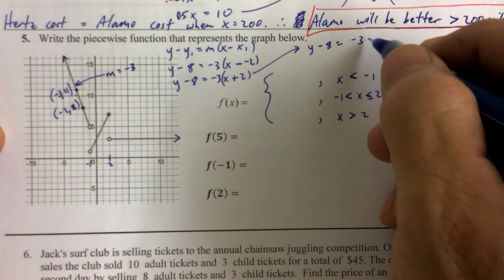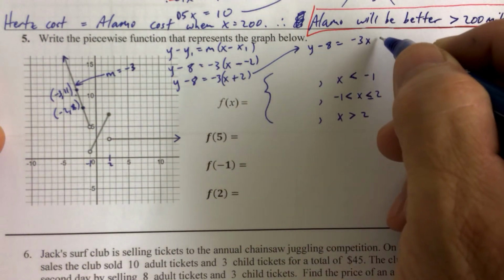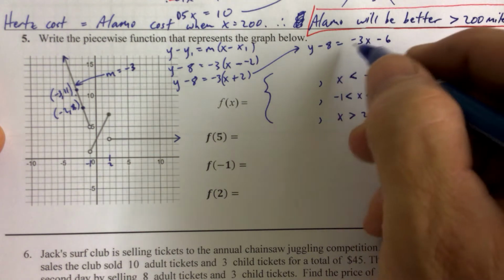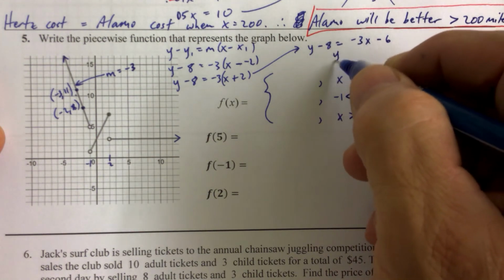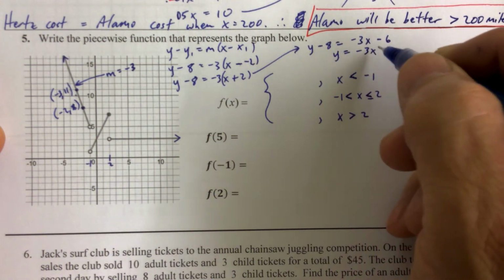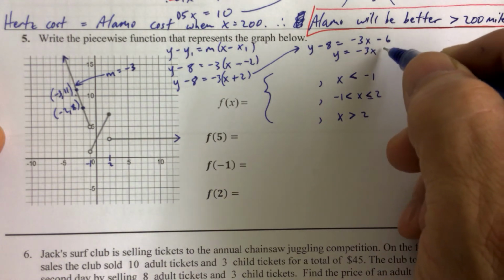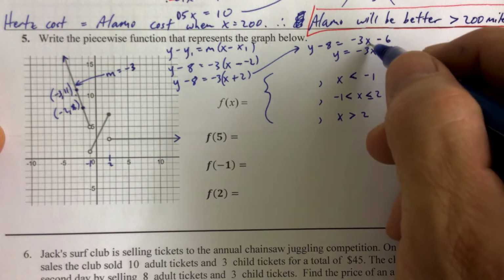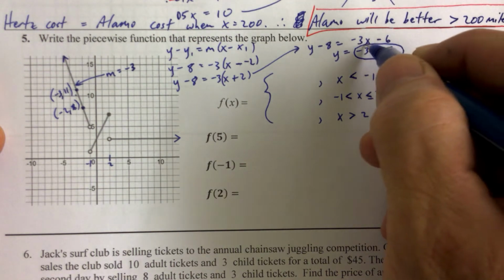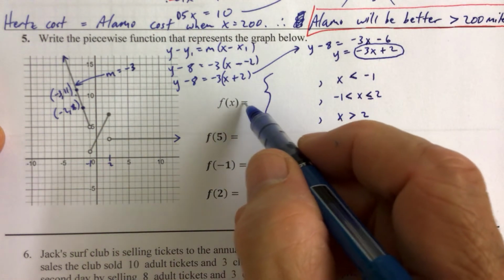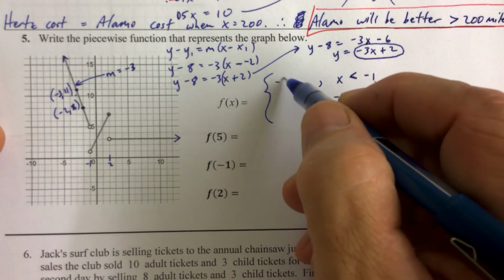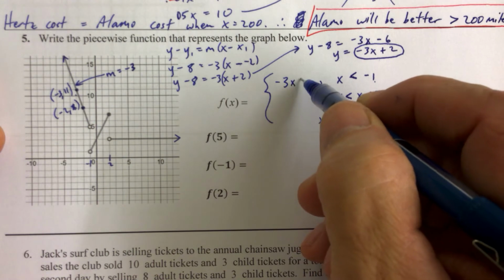Negative 3 times x is negative 3x. Negative 3 times positive 2 is negative 6. And then if we add 8 to both sides, we get y equals negative 3x minus 6 plus 8, or plus 2. Alright, so that negative 3x plus 2 is what f of x is equal to when x is less than negative 1.